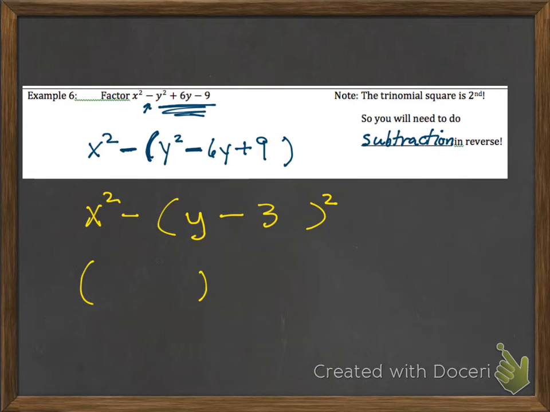Difference of squares factors into twin binomials with opposite signs. So there's my opposite sign, square root of the first term. And then the square root of y minus 3 squared is just y minus 3. So I place that with both. And that can take a little practice, and that kind of grouping, ungrouping of subtraction, you have to be really careful with. You're not changing the value.